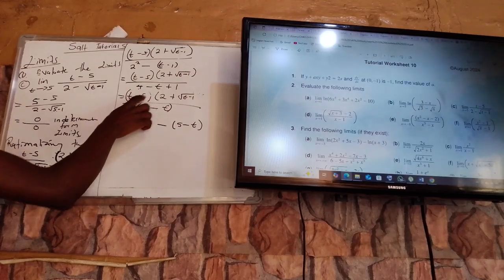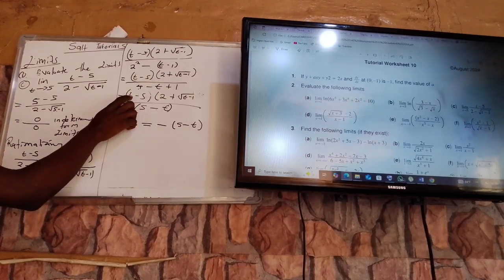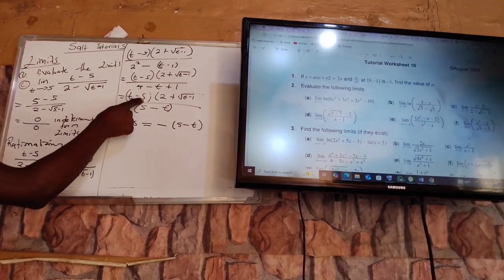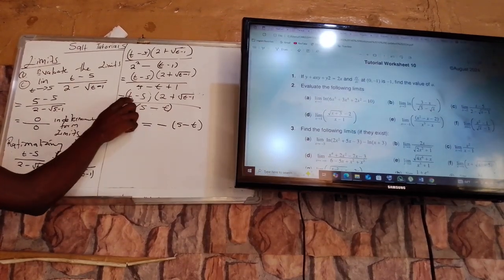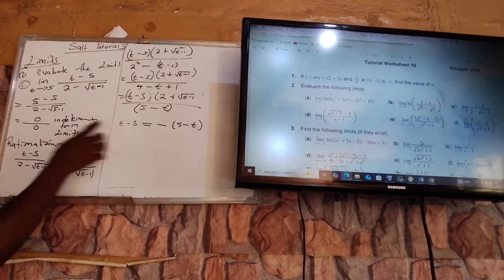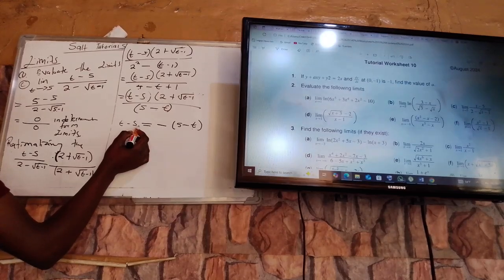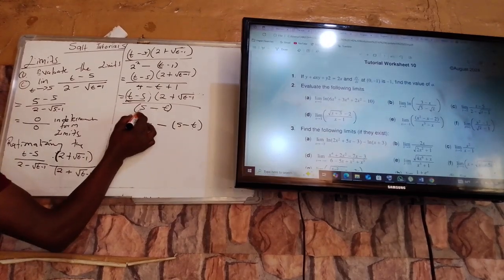In the t minus 5, we can factor out a negative. If I factor out a negative, t will be negative and 5 will be positive. So factoring out a negative 1 here, we get negative t plus 5. That is why I'm saying this is equivalent to that.